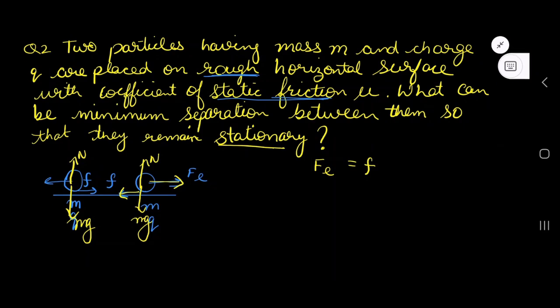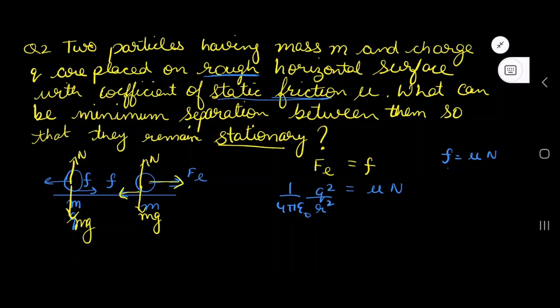So the concept of friction we have studied in class 11th, that either to find minimum or maximum force separation, we can use friction force to be exactly mu N. So we have the expression of electrostatic force of repulsion, that is 1 by 4 pi epsilon naught q square upon r square, and the value of friction is mu N. We'll be substituting the value of N: N is balanced by mg, the vertical forces.